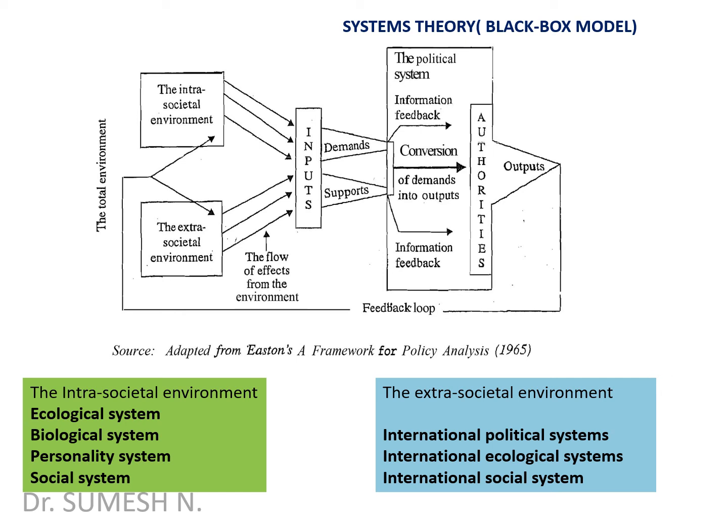So this kind of input output model is also called the input output model by David Easton. So whether we call it an input output model or a system theory, it is very clear that inputs are coming from the public, and these demands and supports are the inputs, and they are converted into outputs, and the output again through the feedback loop goes to the input side.